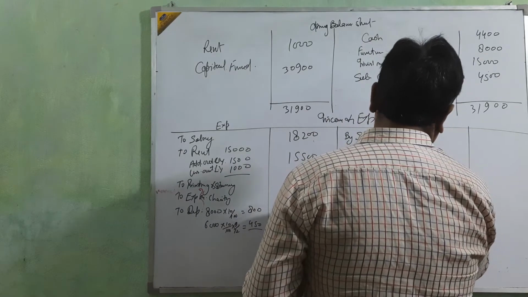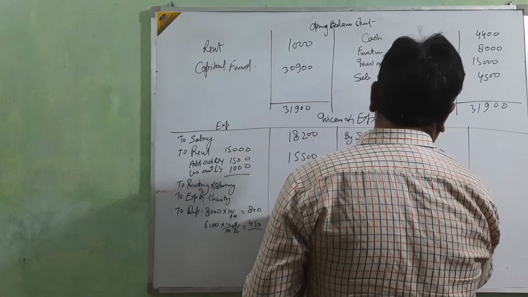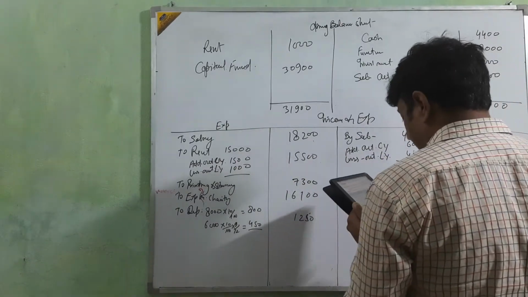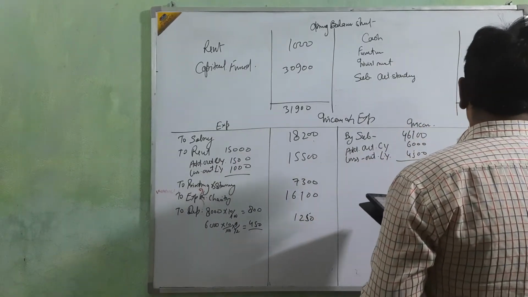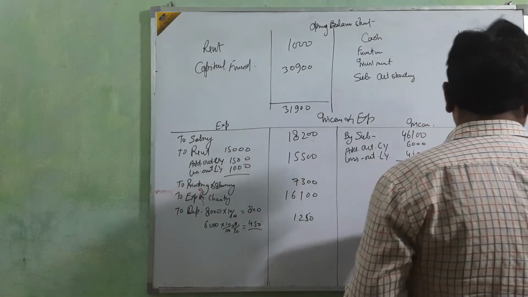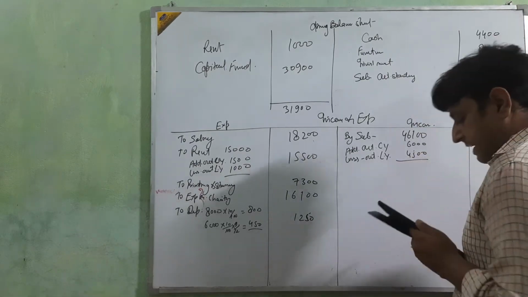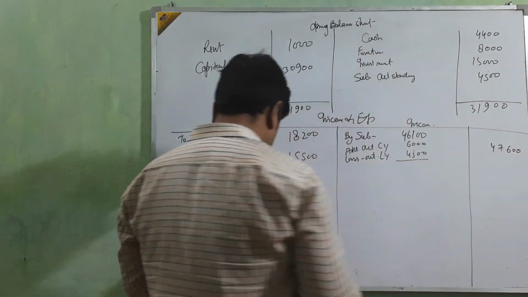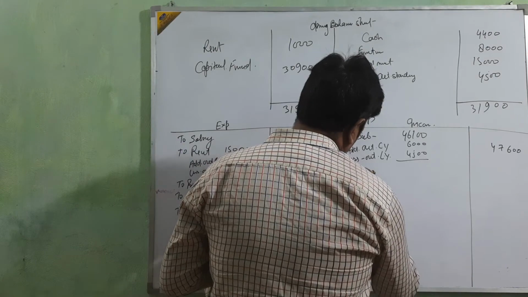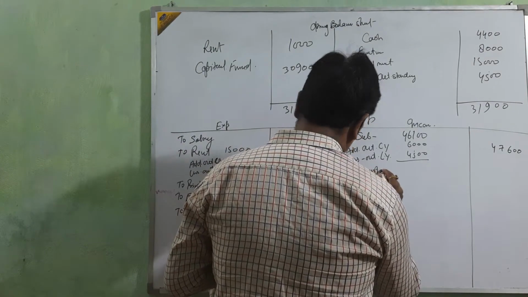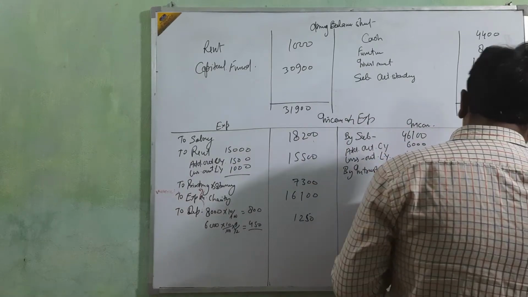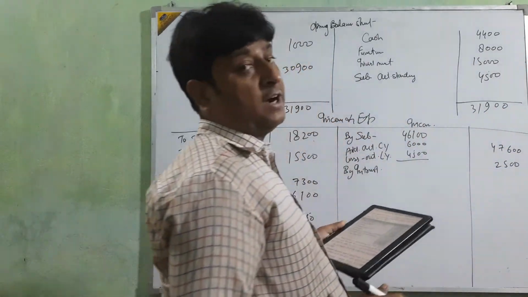Current year 6,000, last year 4,500. Then total is 47,600. Okay. Then next is interest. By interest, the amount is 2,500.